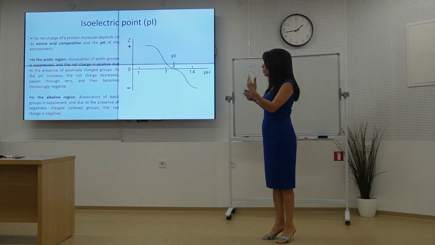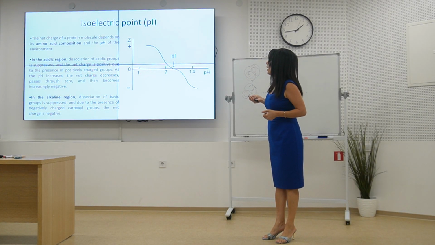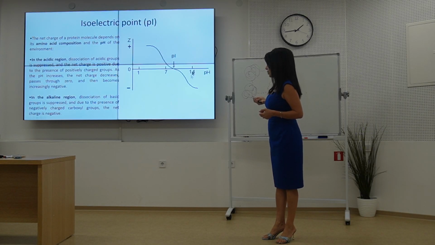That's why the positive charges predominate, and as the pH increases, the net charge decreases, passes through 0, and then becomes increasingly negative. This is the alkaline region of pH.